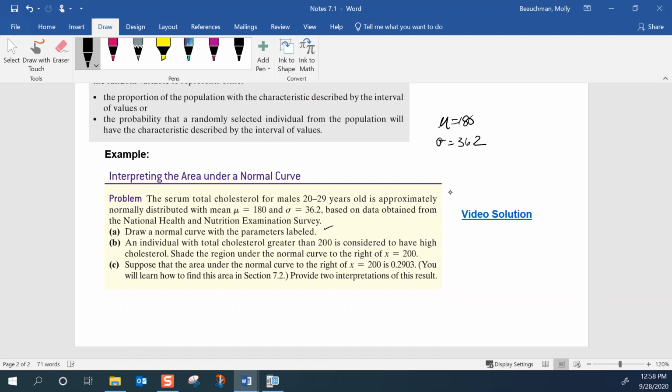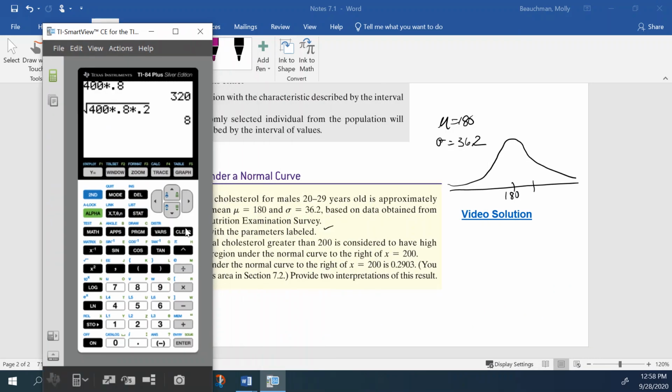So we want to draw a normal distribution, just sketch. The mean is going to be 180. And then we're going to add 36.2 to get to the next value. Let me get a calculator. So we take 180.